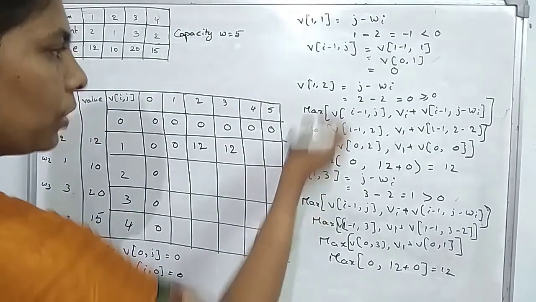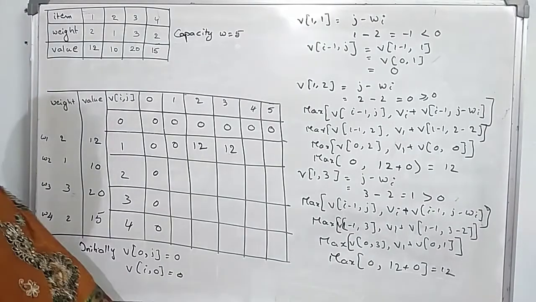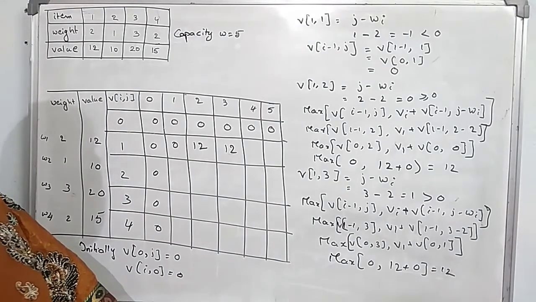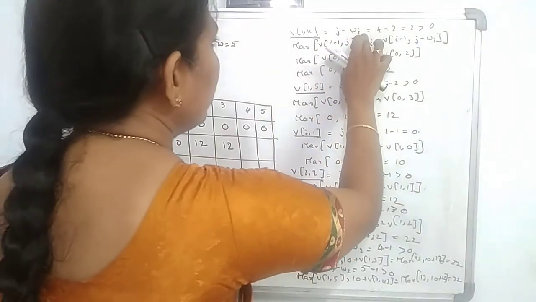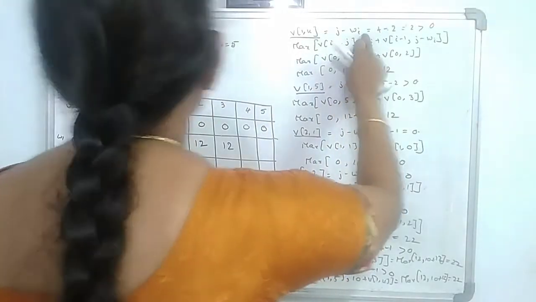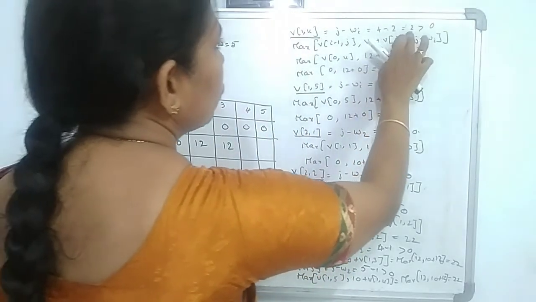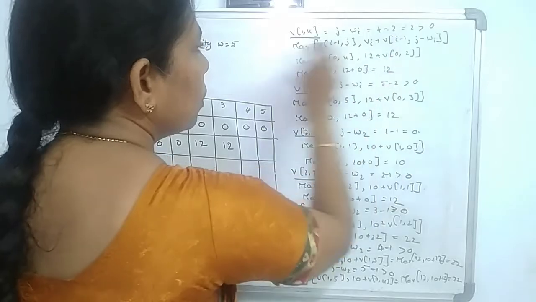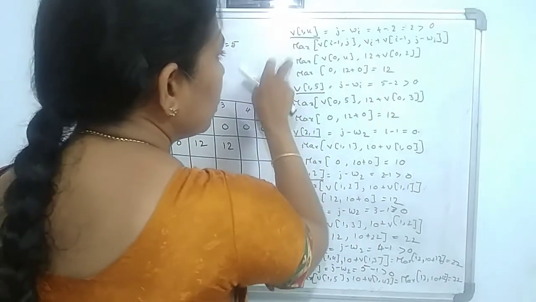Okay, similarly you can apply the same process for each and every row. You can now calculate the V of 1 4. So j minus w1, W1 value is 2. So 4 minus 2 equal to 2, greater than 0. If it is greater than 0, now we can apply the equation and calculate the value.